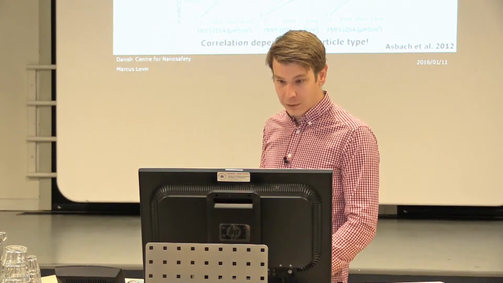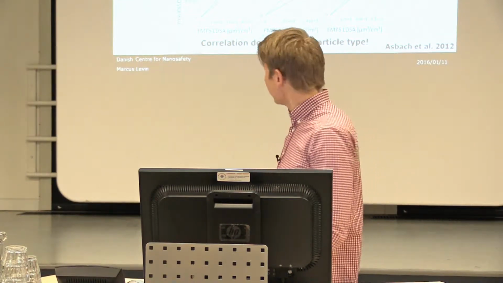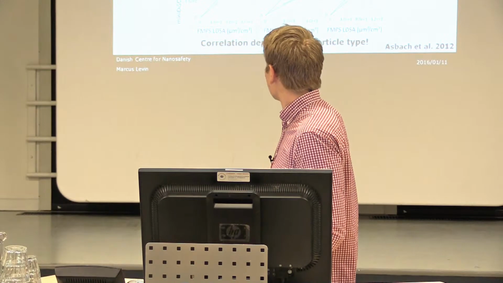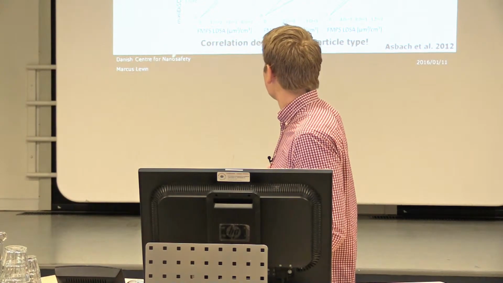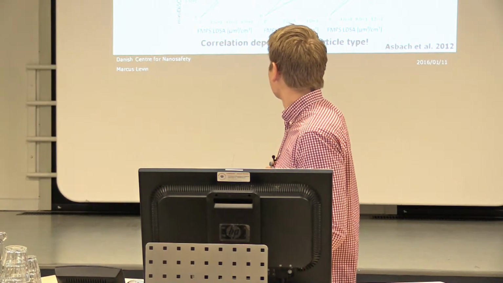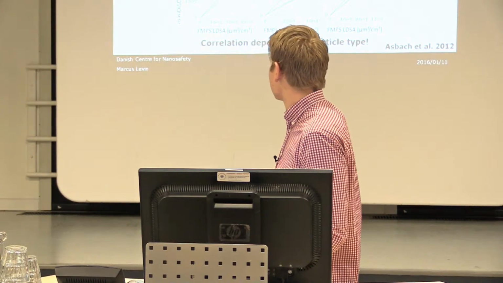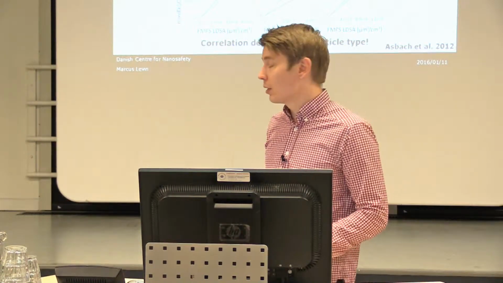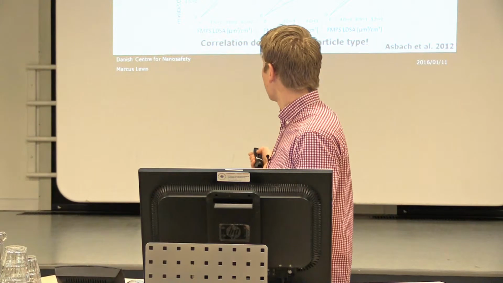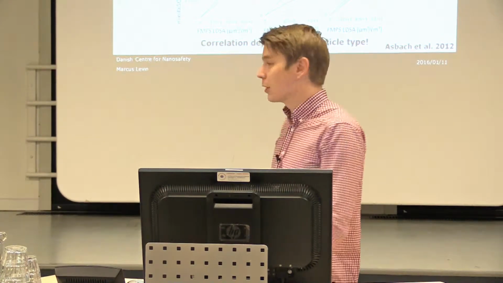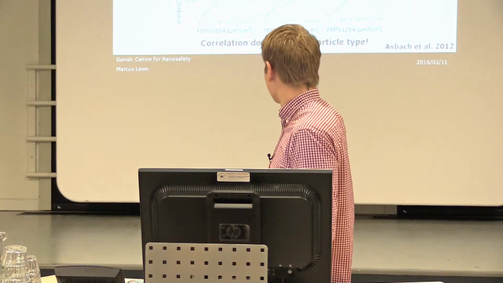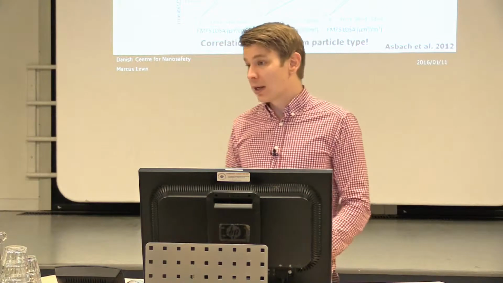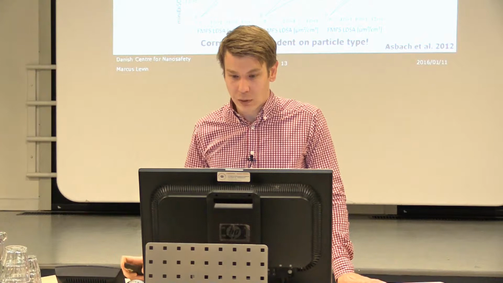And we can see for some particle types, we have two different small instruments here, and they're compared to the FMPS for lung deposited surface area. For some particle shapes, we have a fairly good agreement, actually. For some others, we have a really poor agreement. And again, for some others, we have an okay agreement.